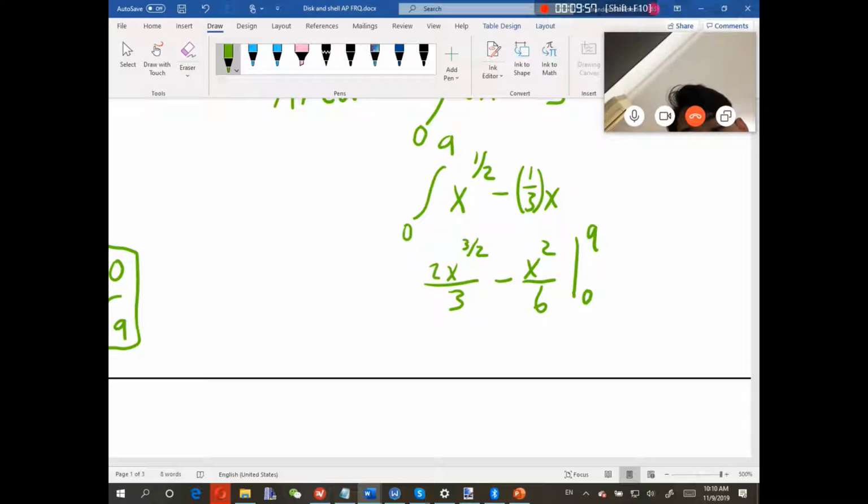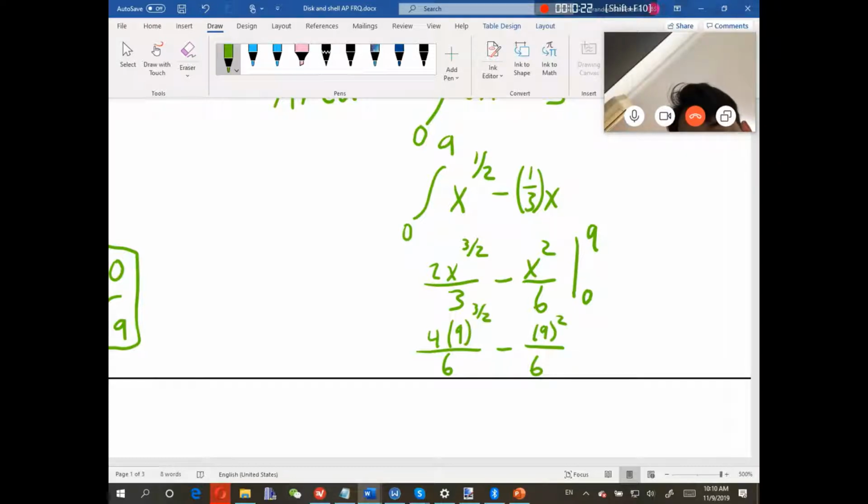Okay, we can do that. So if I wanted to get a common denominator, this would be over 6, right? So this will be 4 and 6 instead. Okay, I'm going to plug in my upper bound. So it'll be 9 to the 3/2 power and 9 squared.